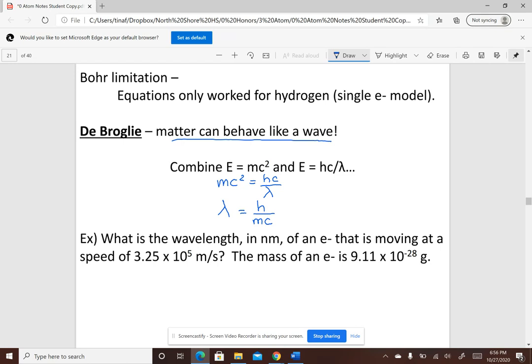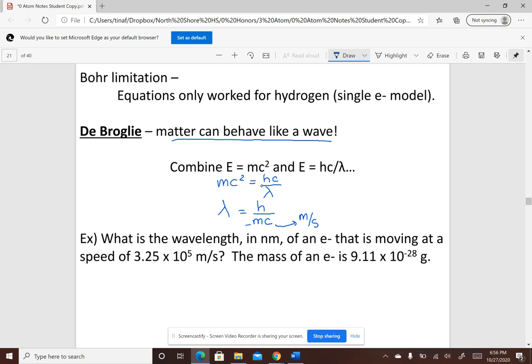We know that h is Planck's constant, so that's something we have to memorize. C, so previously we talked about c being the speed of light, and I told you to memorize 3 times 10 to the 8th meters per second. So now, because the questions are going to be about particles and not light, the speed is going to be different. So either they're going to give you a speed in meters per second, or you're going to have to maybe solve for the speed of the particle.